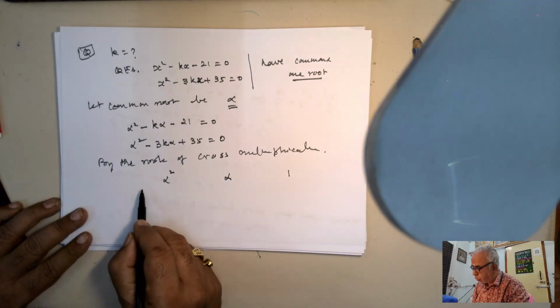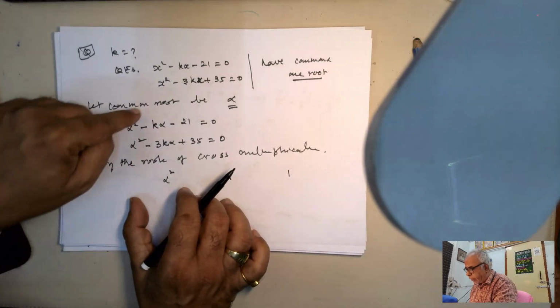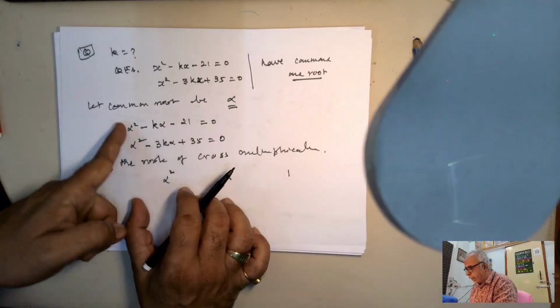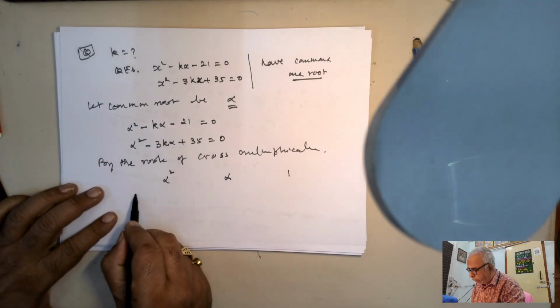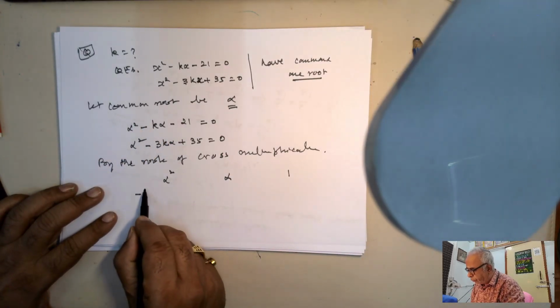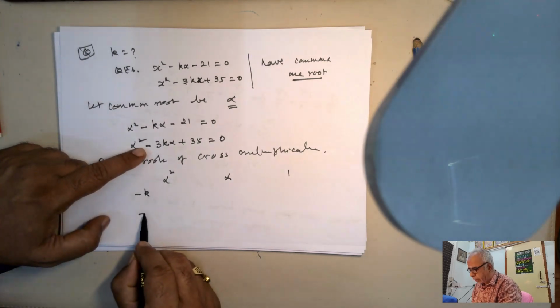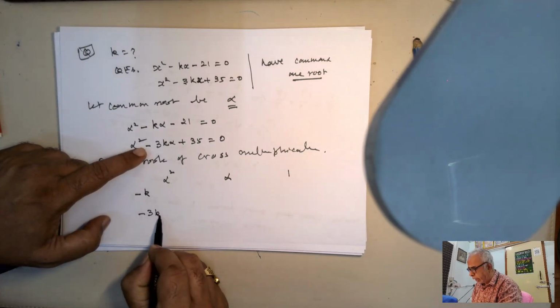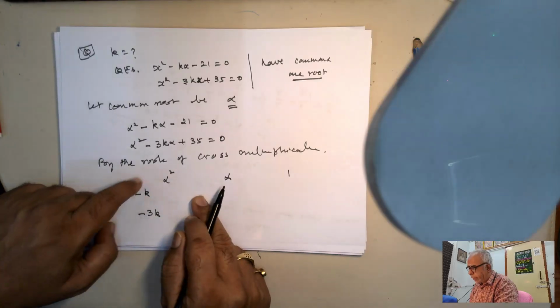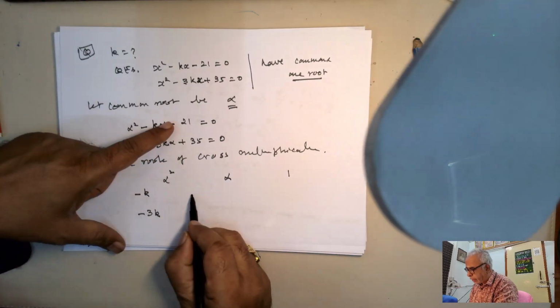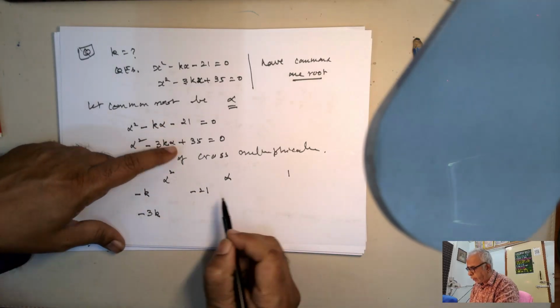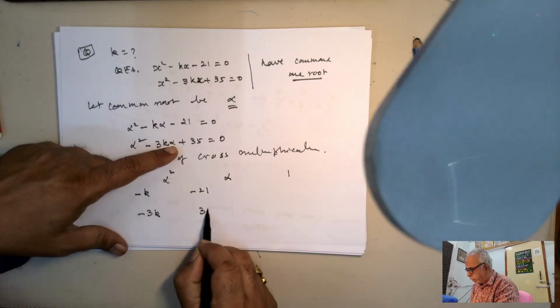Starting from the second term, minus k, and minus 3k, and in between, minus 21 and plus 35.